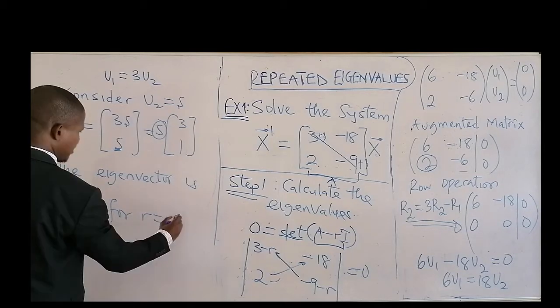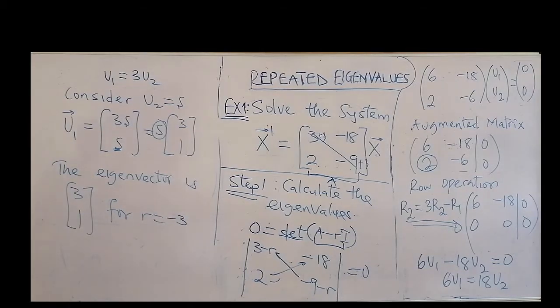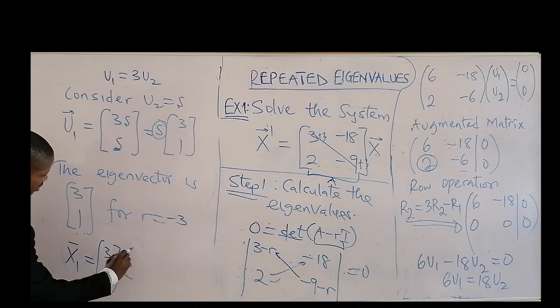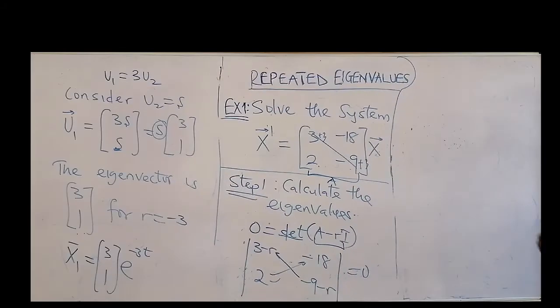For r equal to minus 3, we can have the solution for this eigenvector as 3, 1, and then exponential to power minus 3t. So at this point, we cannot find another linearly independent eigenvector.